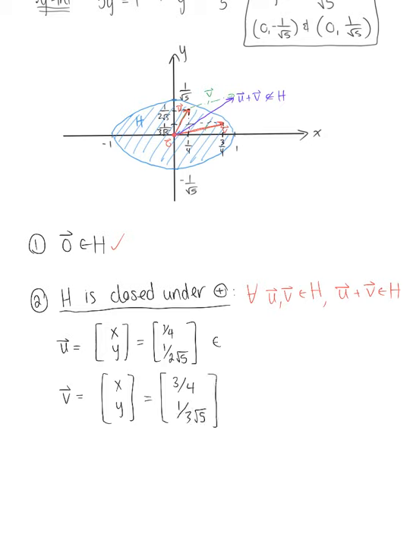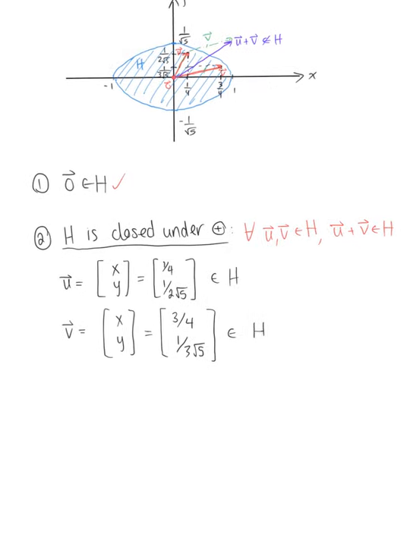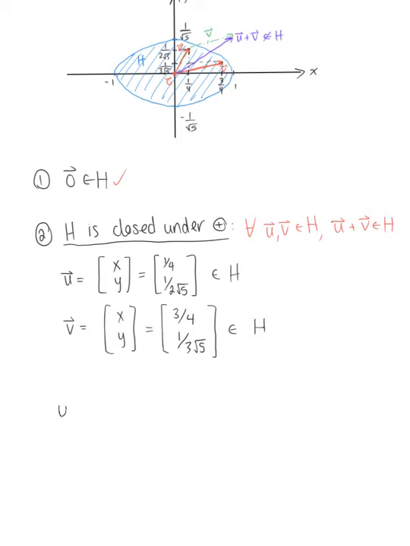So both of these vectors, again, we've confirmed they live in H, but when we take the sum, vector u plus vector v, we have 1/4, 1 over 2 times the square root of 5, and we're adding v here, so that's 1/4 plus 3/4, and then for the y-coordinates, we have 1 over 2 times the square root of 5 plus 1 over 3 times the square root of 5.